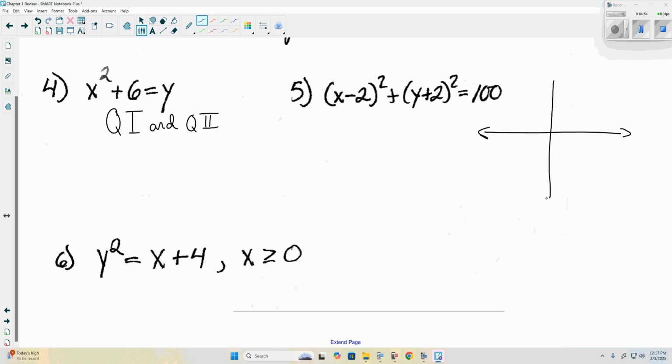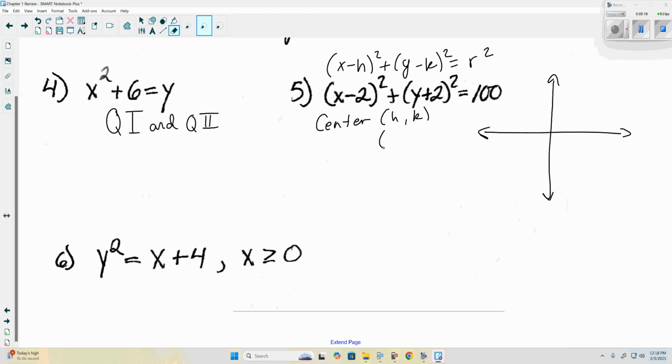Now, number 5 is a circle. x minus 2 squared plus y plus 2 squared equals 100. x minus h squared plus y minus k squared is equal to r squared. Well, the center is this point h comma k. So since it's x minus 2, the h value is going to be 2 because it comes out, we flip the sign. y minus k, y plus 2, so it's going to come out as negative 2.